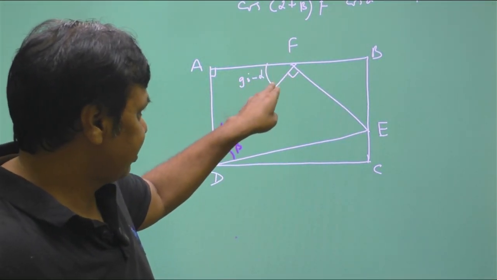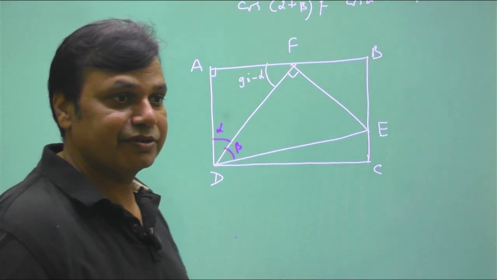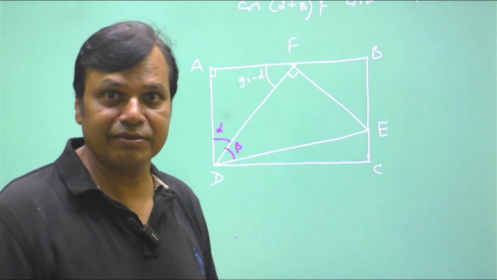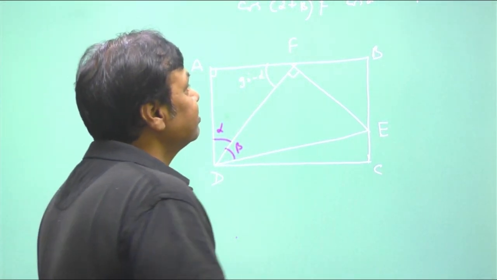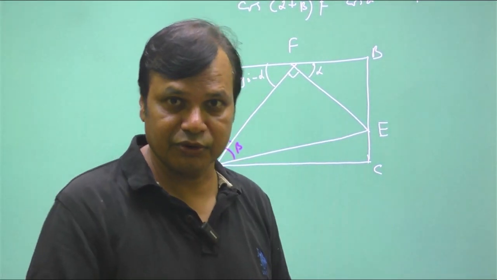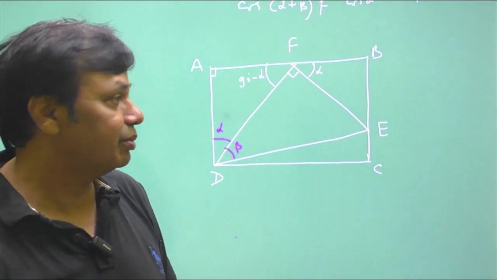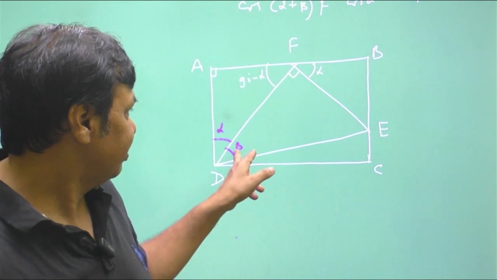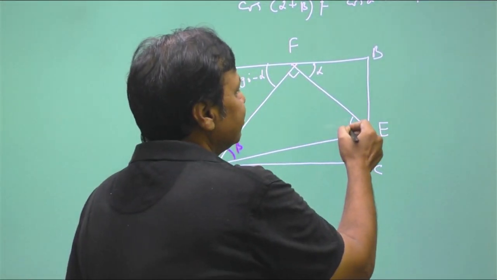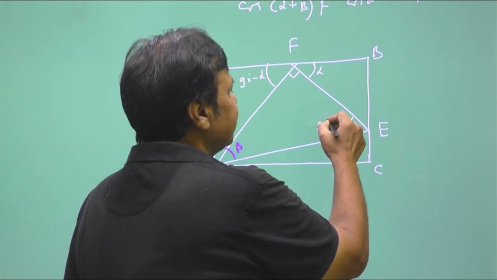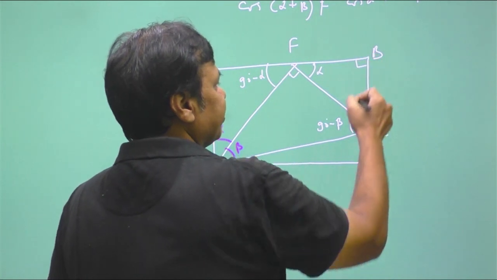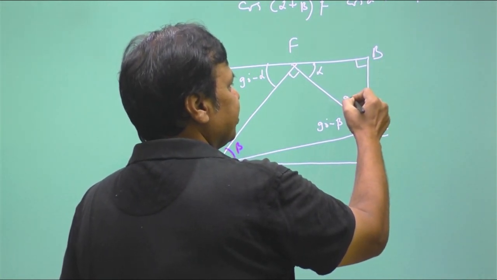And you know here, this angle is 90 minus alpha, this angle is 90 degrees, so together they become 180 minus alpha. So this angle should be alpha, because all of the angles will be equal to 180 degrees. And you can see this angle is beta, this angle is 90 degrees, so this angle is 90 minus beta. Also, this angle is 90 degrees, so this angle will be 90 minus beta.